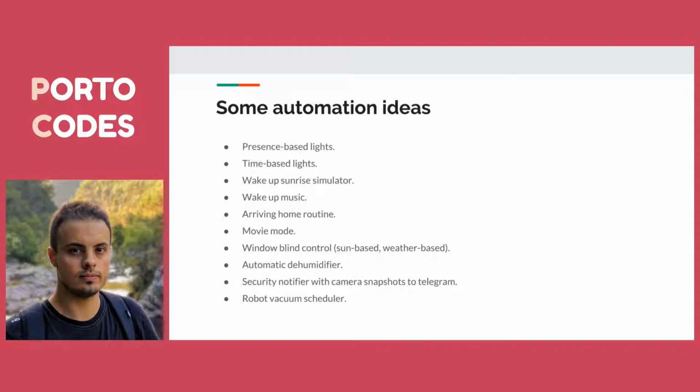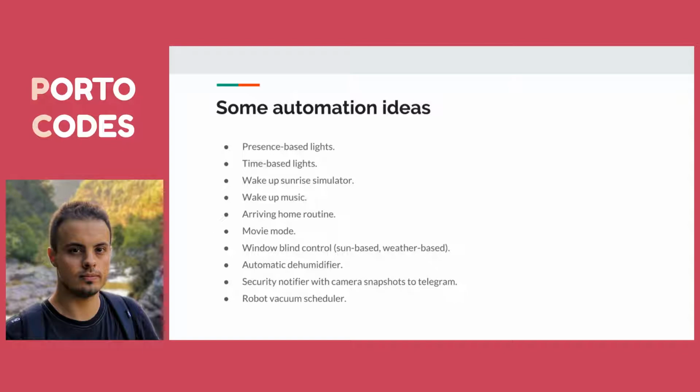So automating some of those things that you do every day when you get home. Movie mode is also cool. You put on a movie or a TV series and the lights fade out to a more dim brightness, which is cool. The first time people see that, they like it.